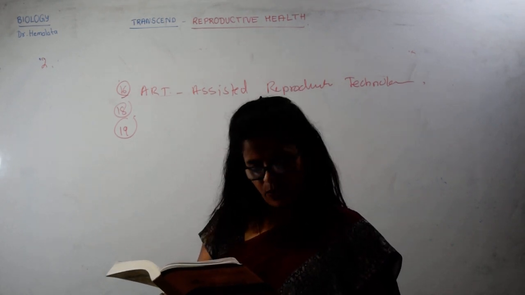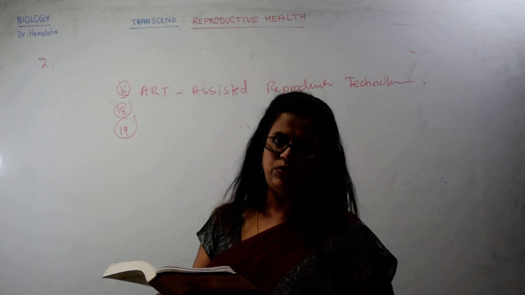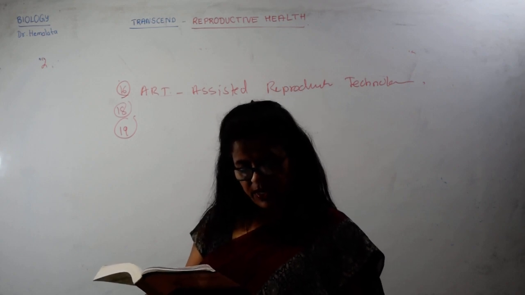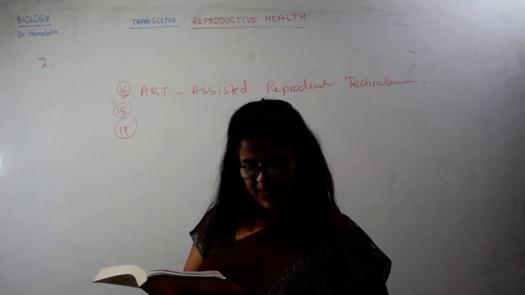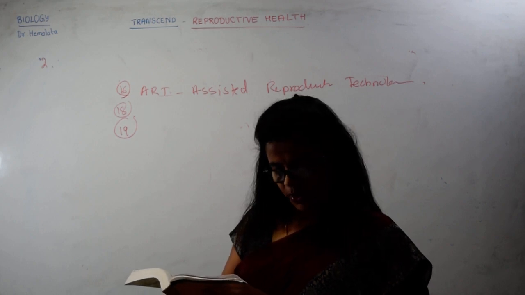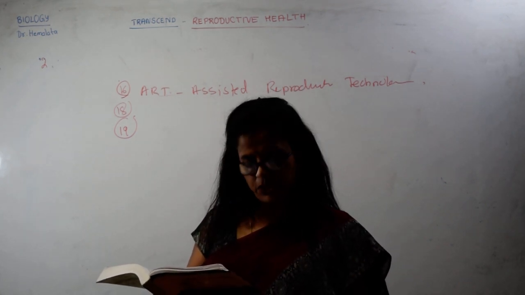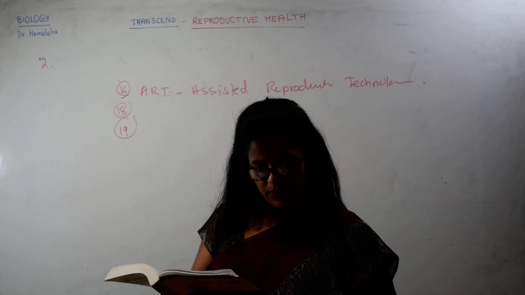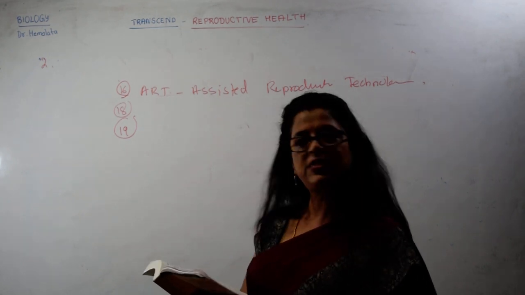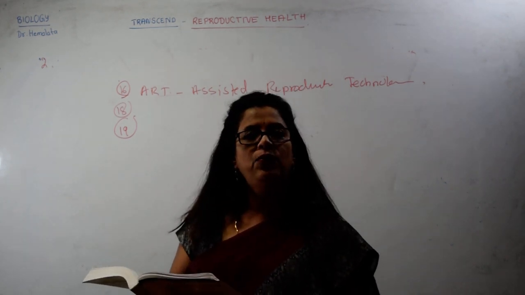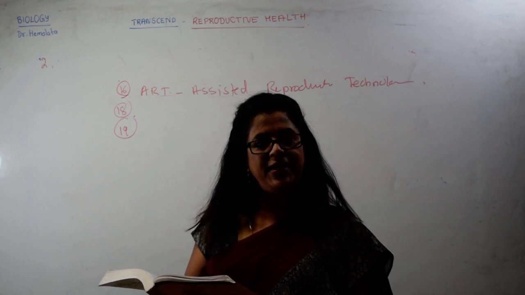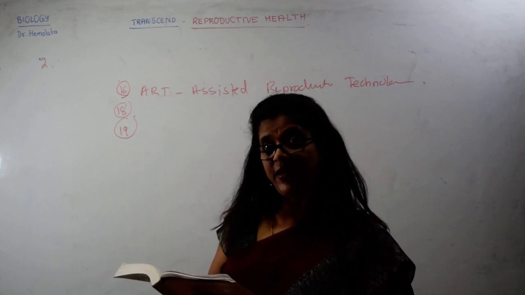Don't do that; write exactly what is given here. Next, Saheli was developed by CDRI, Central Drug Research Institute, in Lucknow. It is true because I already described this. Saheli was developed in CDRI Lucknow. All the 3 statements are right.